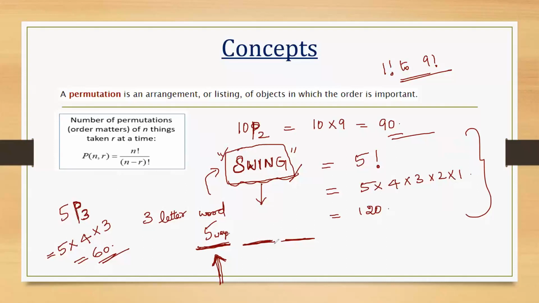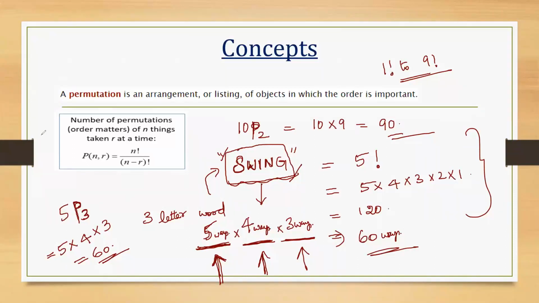Similarly, in the second place, how many are possible? One is over, so 4 remain. So 4 ways. The third place, here 3. If you include all of them, you get the 3-letter word. You cannot say 'or'. We have to include the first and second and third place. 60. Is it clear?